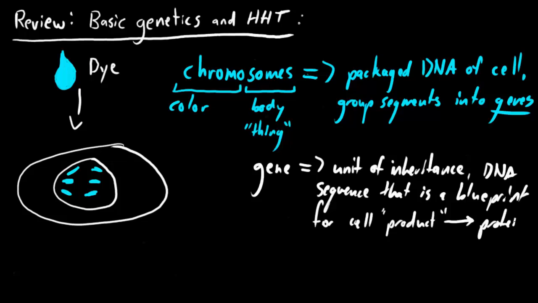And this is true. Genes do code for proteins, but they can also code for things like RNAs, which have particular functions inside the cell. So now we have genes, and we know that these genes code for cell products, and the genes reside on the chromosomes.